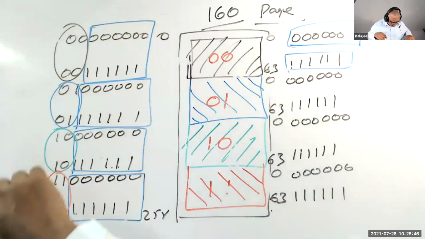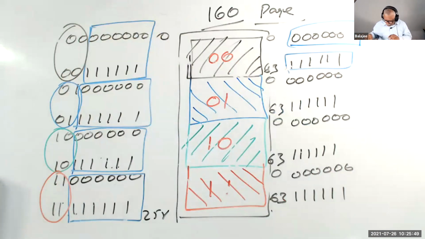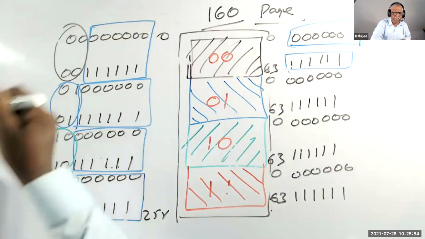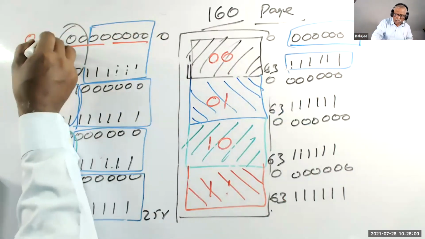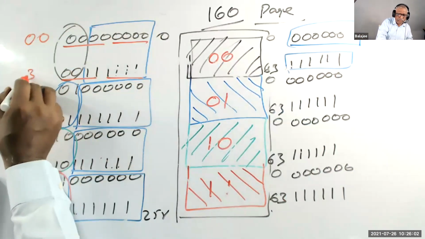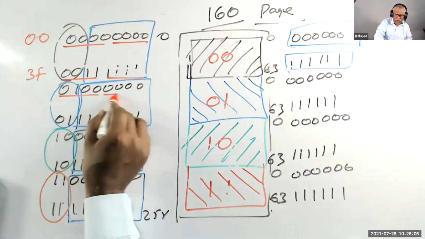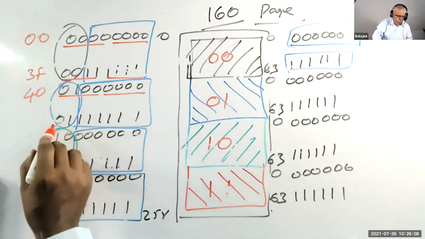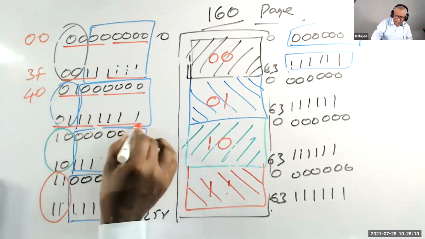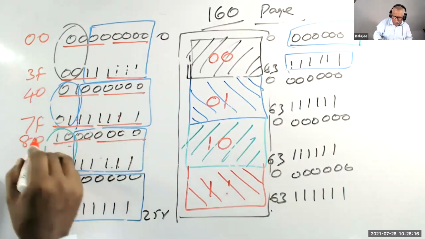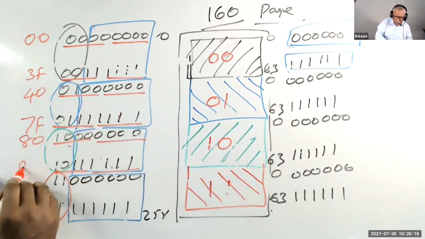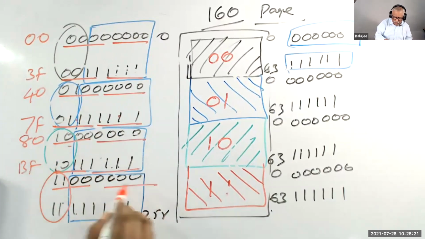If I write in hexadecimal, now you understand hexadecimal: 00 to 3F, 40 to 7F, 80 to BF, C0 to FF.